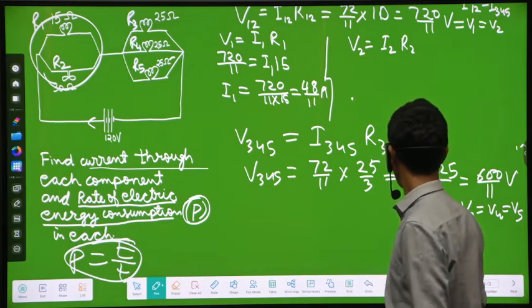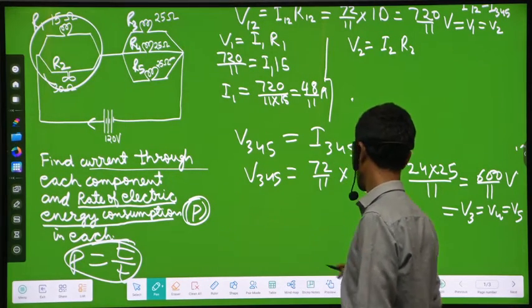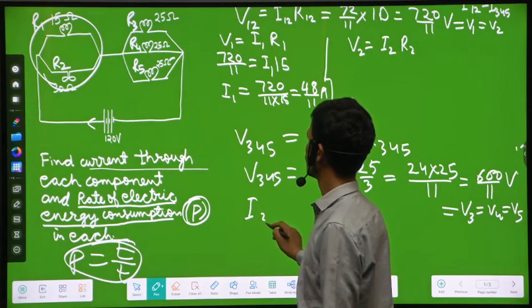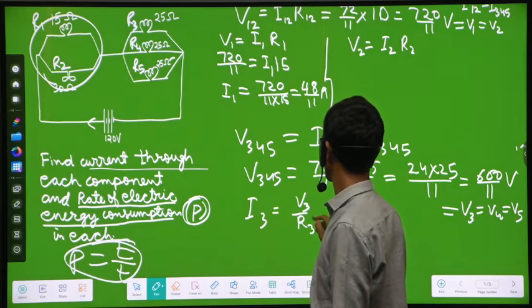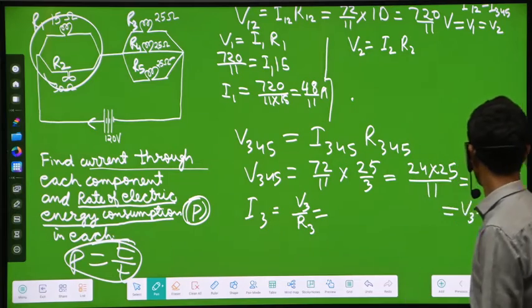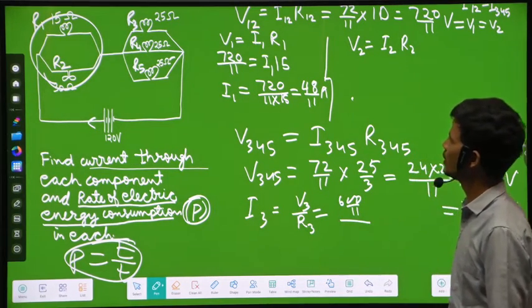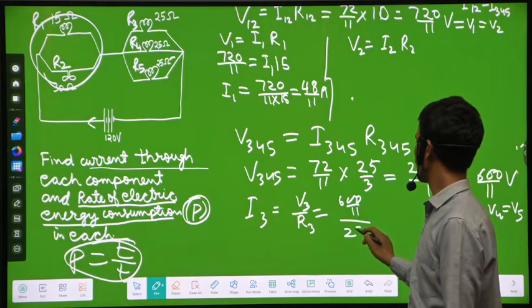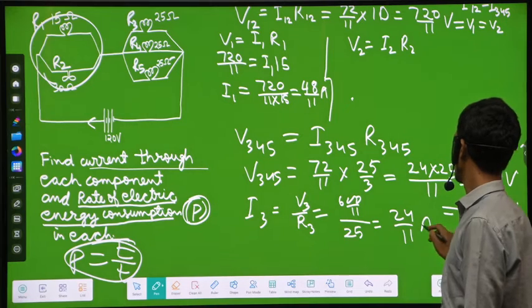So if we find the current through 3, V3 is 600 by 11 divided by R3 which is 25, so it will be 24 by 11 ampere.